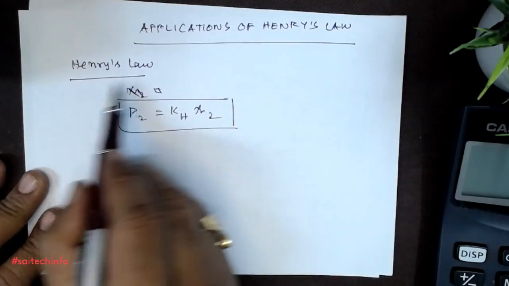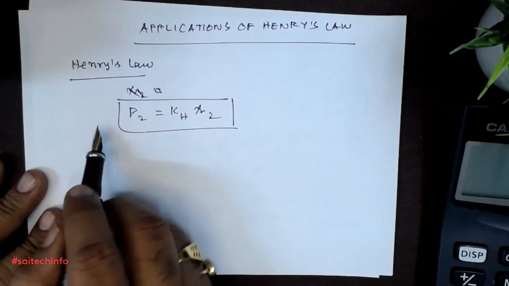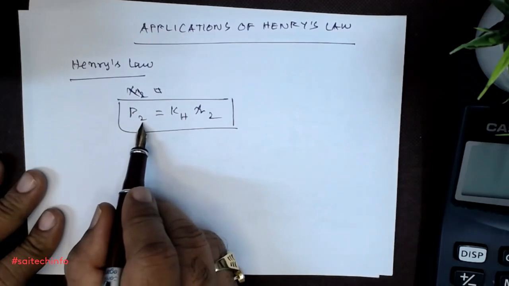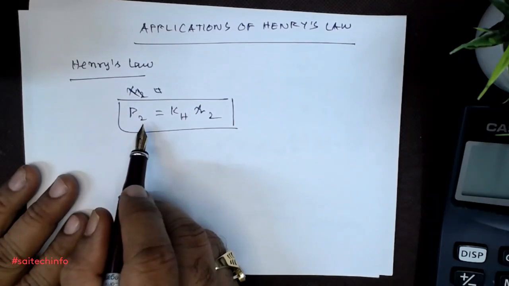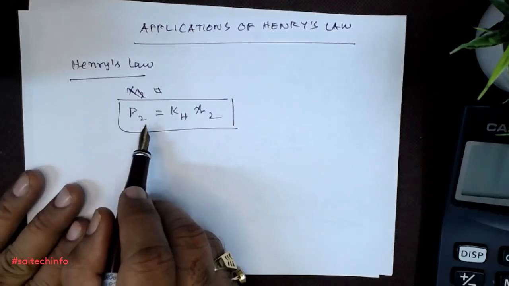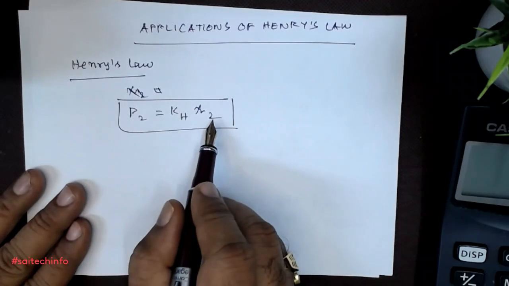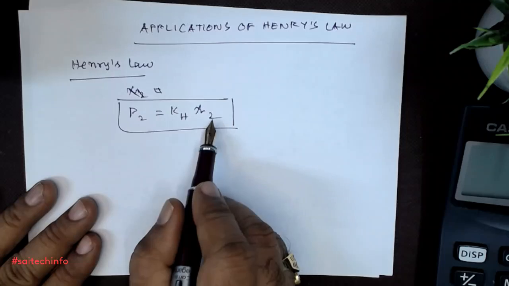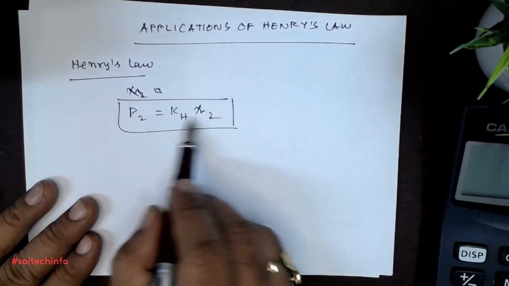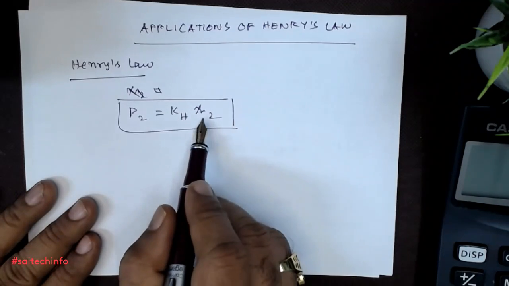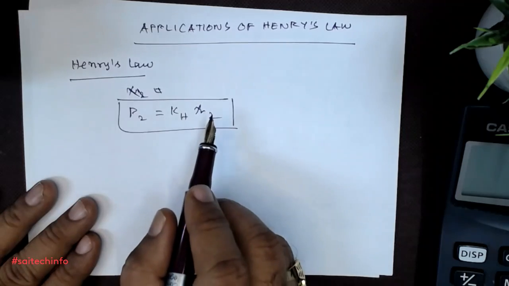Applications of Henry's law. We know already Henry's law is given as: the partial pressure of the gas exerted depends on the mole fraction of the solute, and the solubility of that gas is in terms of Chi2.